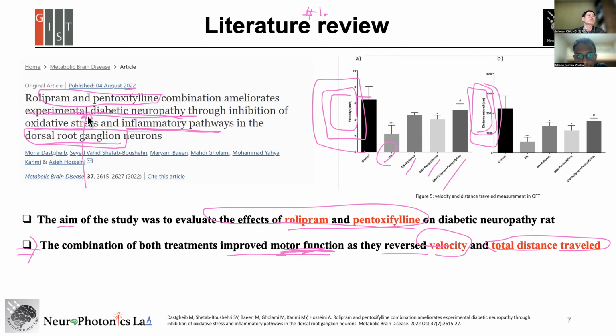Is it the same as what we did? Yeah, totally. Plus nicotinamide? I'm not sure about nicotinamide, but they have used STZ, I guess. Is it mouse or rat? Mouse. Okay, so we are using mouse.